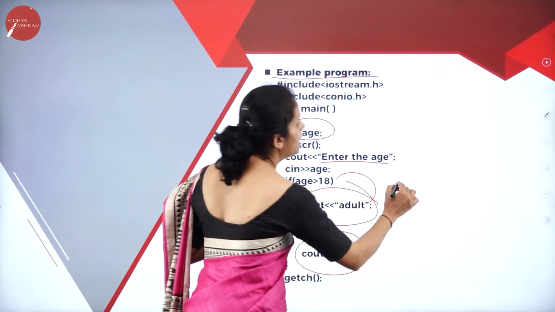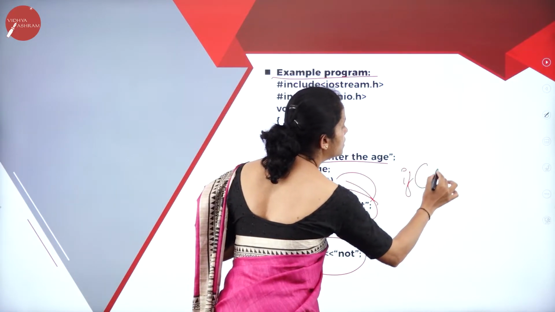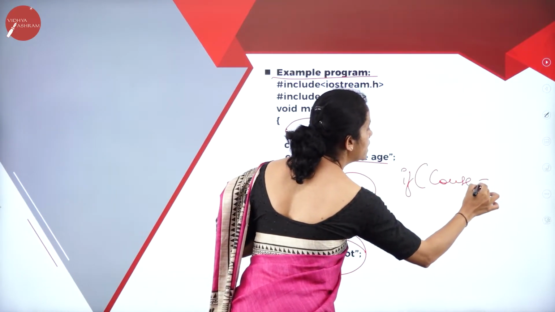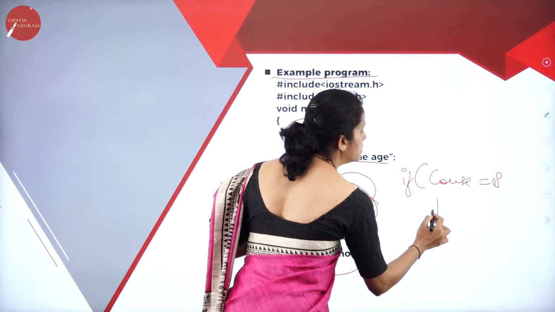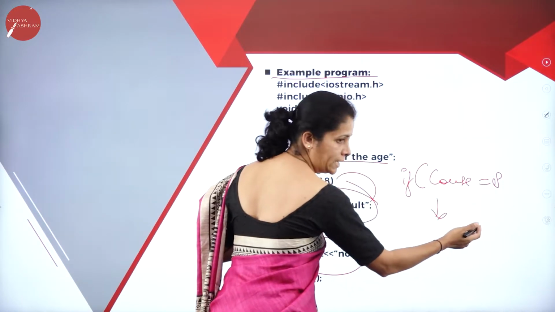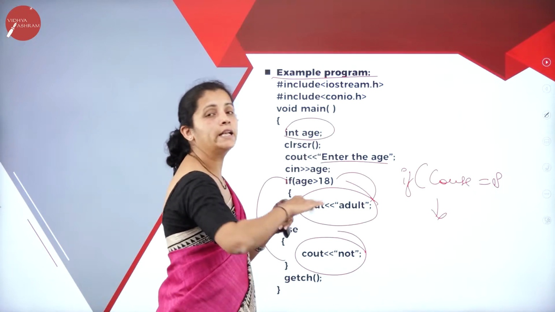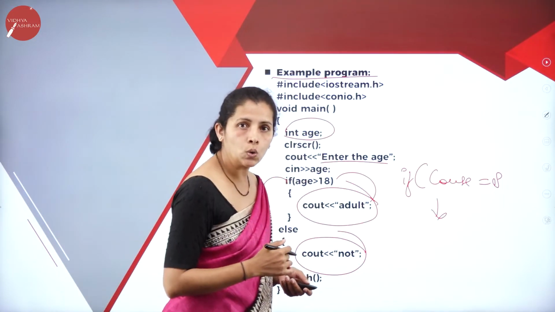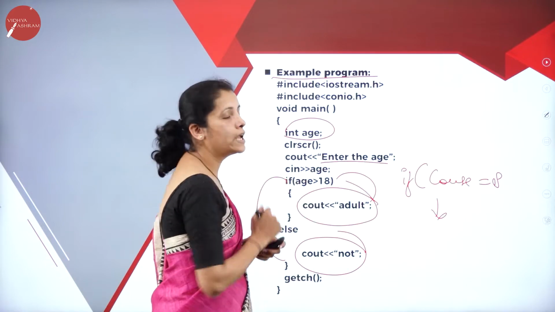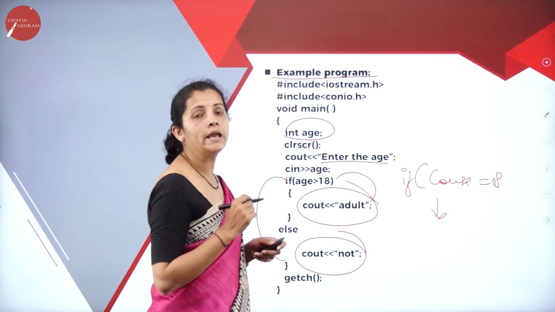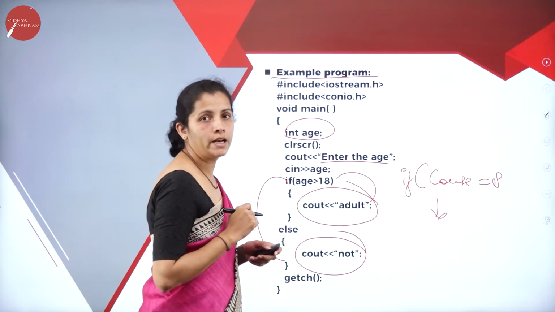So here I'll write if course equal to science, get admitted, or get admitted to some other course. This is the way I can use a simple if else statement.